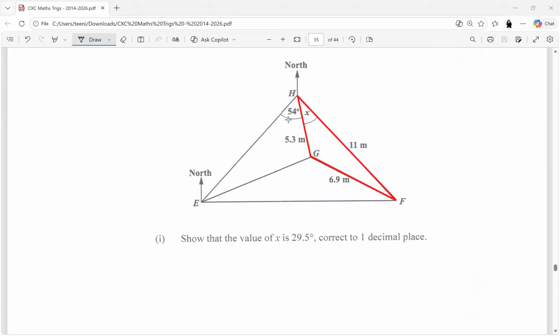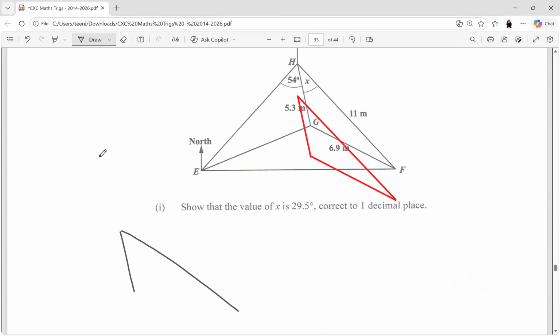That triangle has all 3 sides, and we need to find one of the angles. I'm just drawing over the triangle so that you can see it more clearly.